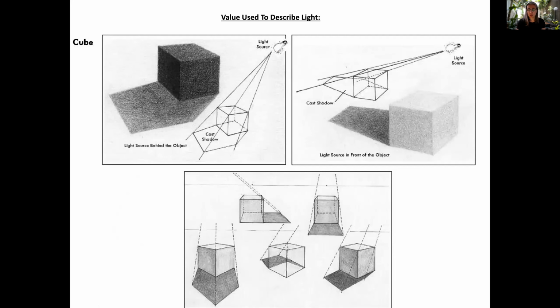Also, just to say again, cast shadows are in the shape of the object that they are bathing in light. And again, the light source functions as a vanishing point in a way. So as the light hits the object, if you project that light further through the object, you can understand why its shadow is in that shape.